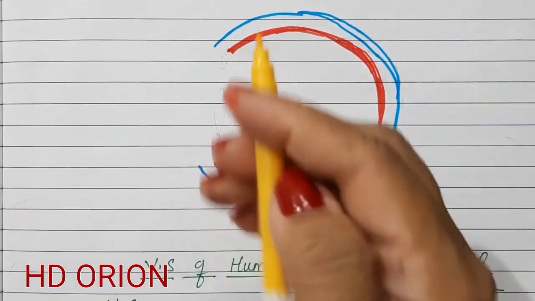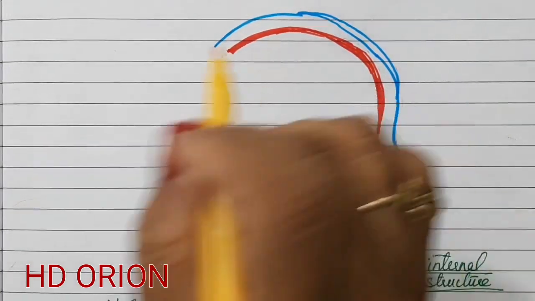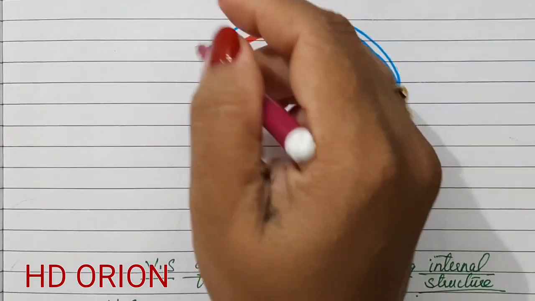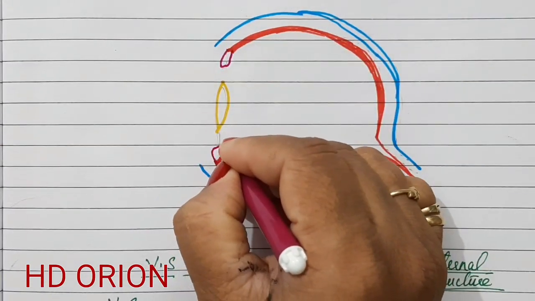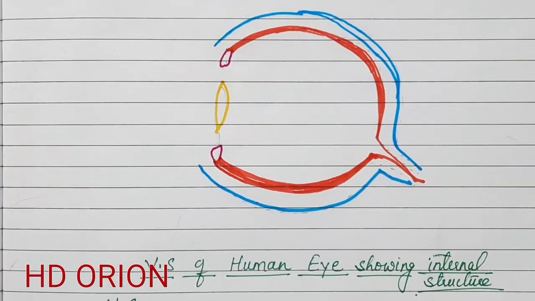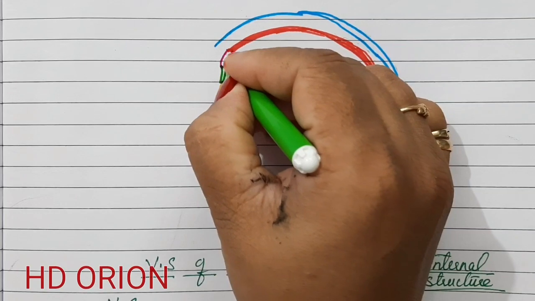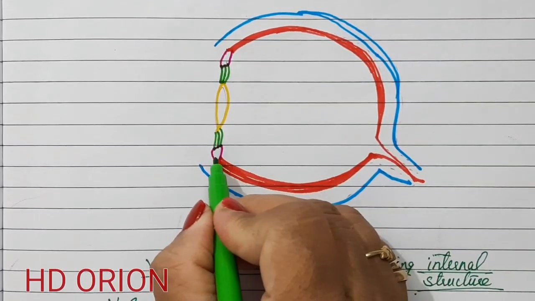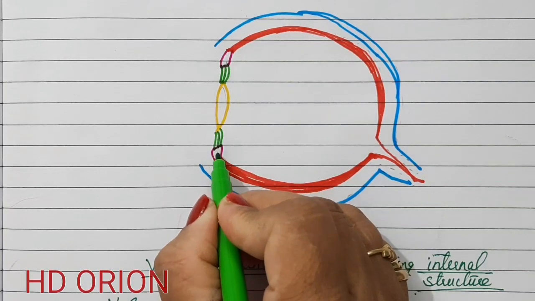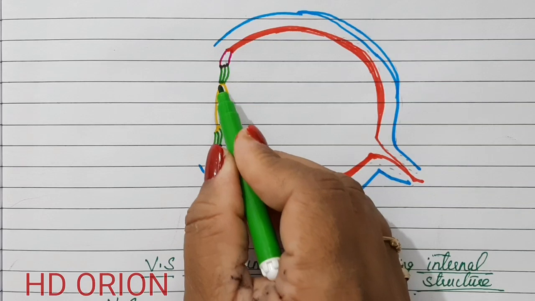and here is the lens. From the choroid arises the ciliary body, which is the ciliary muscles also, and from the ciliary body arise the suspensory ligaments which are connected to the lens. When the ciliary body and suspensory ligaments contract and relax, the convexity of the lens changes.